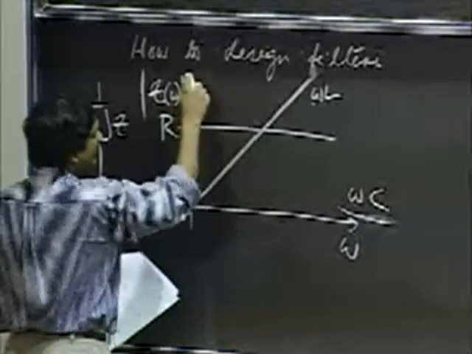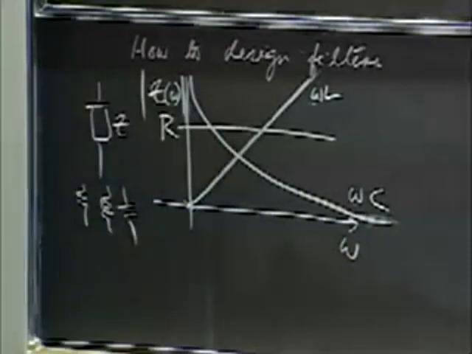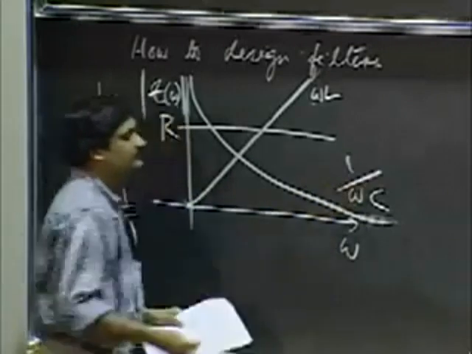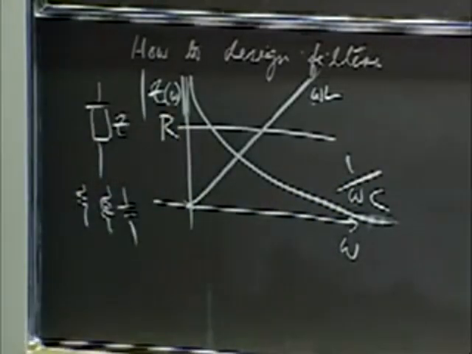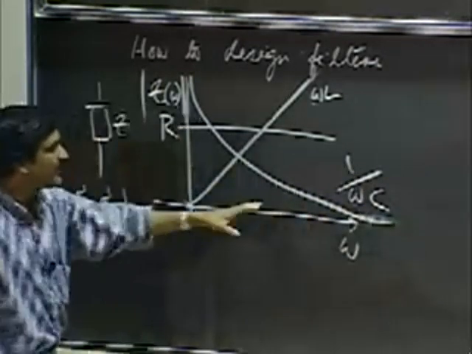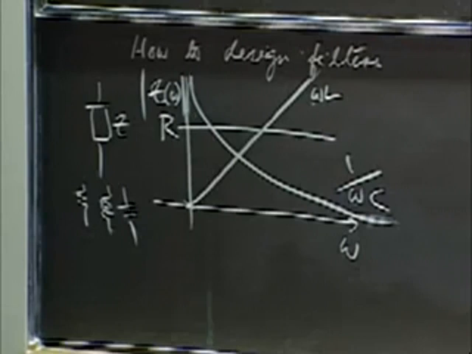It goes as 1 by omega C. So as omega is very large, my impedance is very small. When omega is very small, my impedance goes towards that of an open circuit.